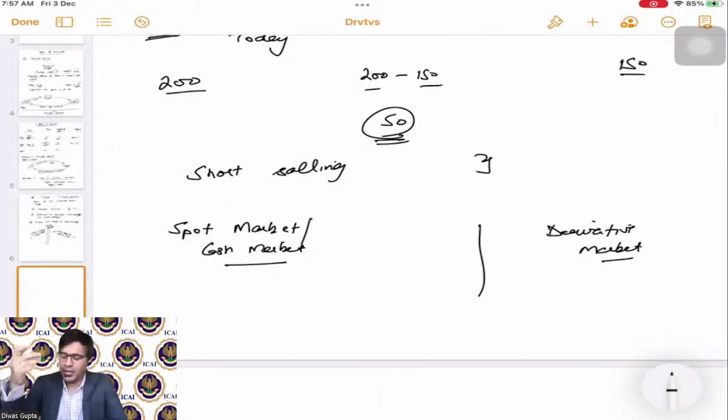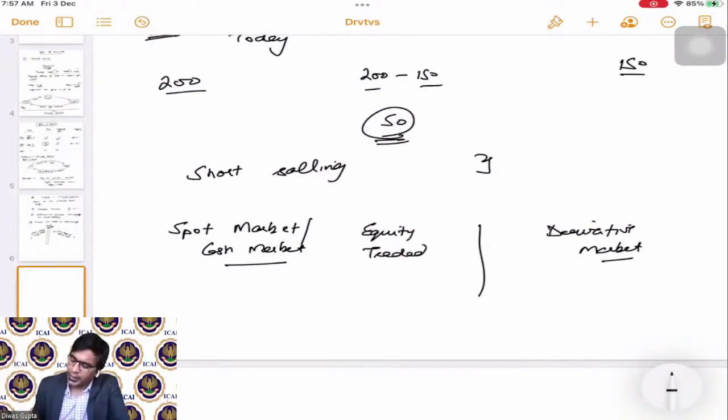What is the spot or cash market? Where actually the equity shares are traded. Here the futures and options are traded. So as of now, I'm only taking futures. Options we will cover later. So in the derivatives market, futures are traded, and these are futures on the equity shares. So these are two different types of market.